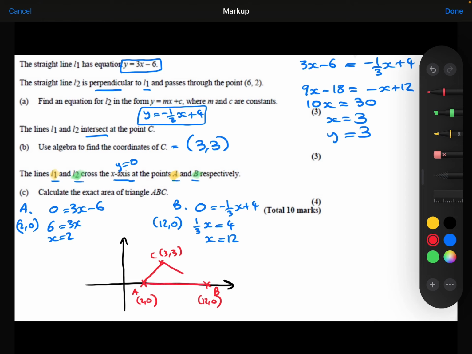area of. I can now calculate the area of that pretty easily because I can do half base times height. The base of the triangle is this length here, which is going to be 10 because 12 take away 2.